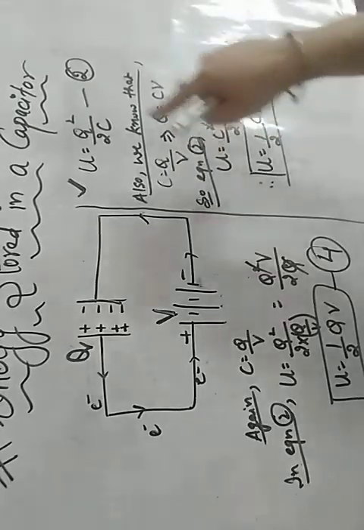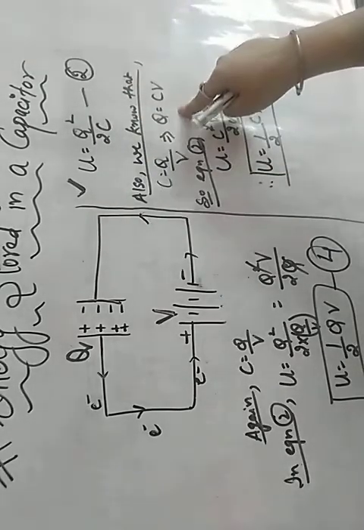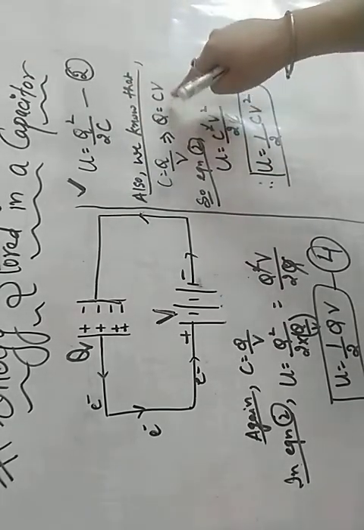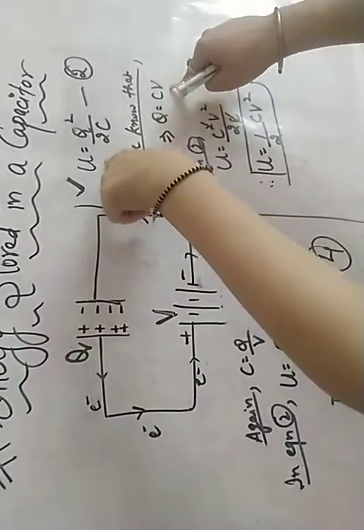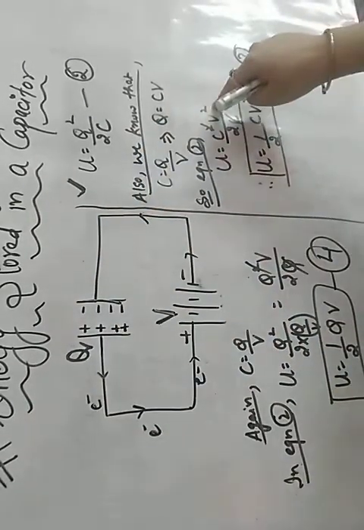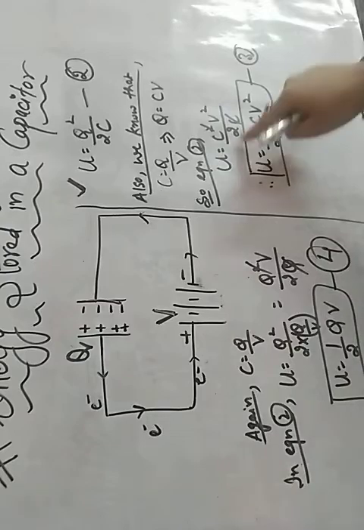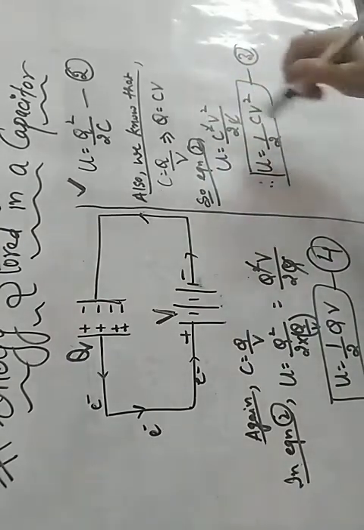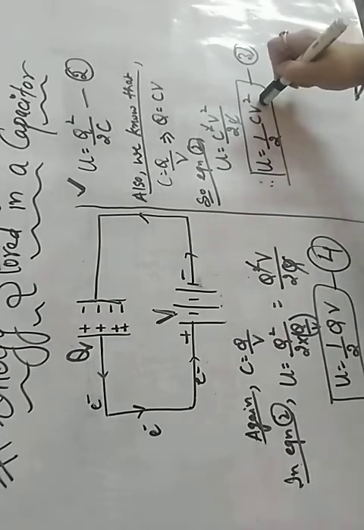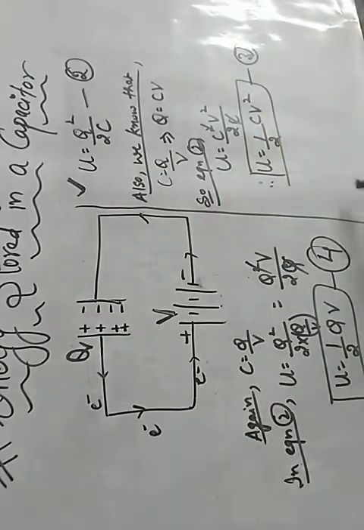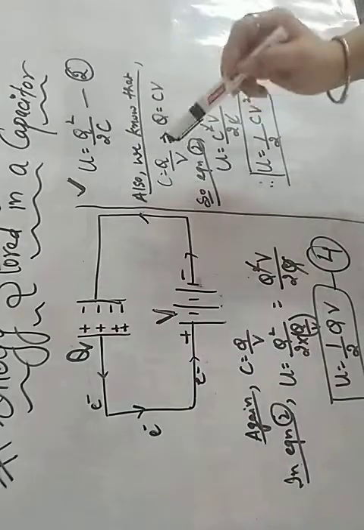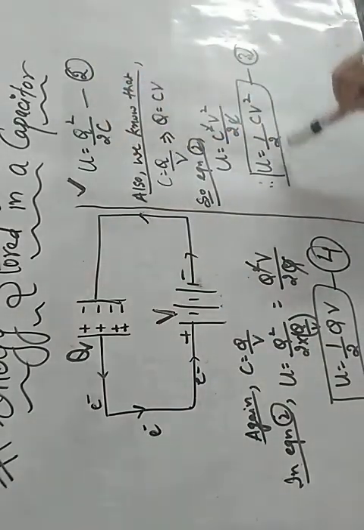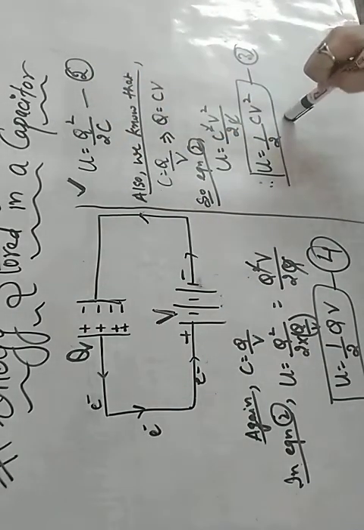Now putting this Q equals CV in equation 2, it becomes C square V square upon 2C. Now this C will cancel with one C, so we are left with half CV square. One more formula for potential energy is U equals half CV square.